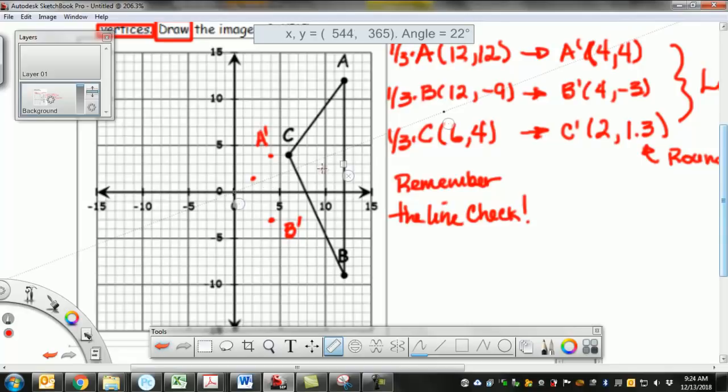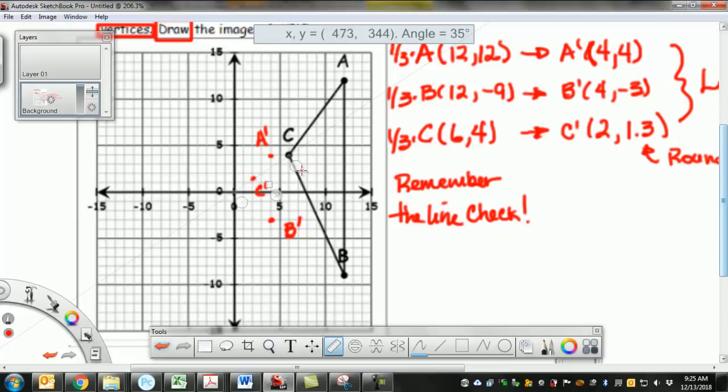So here I'm taking a straight edge, I put it on the origin, I go out to the original one, I go to B, and you see B prime is also on that line. Now I'll test C. I move it to C, and you can see C, C prime, and the origin of the graph are on the same line.